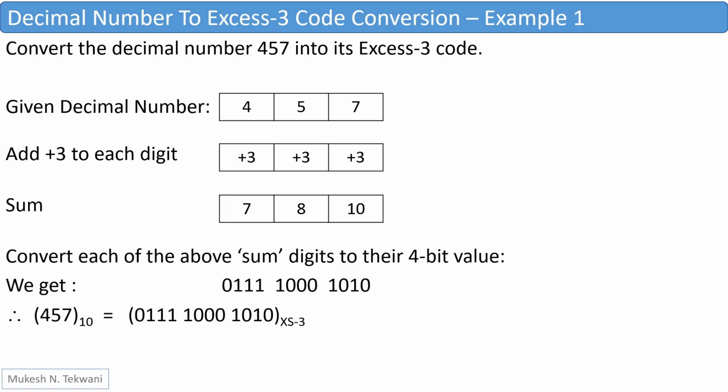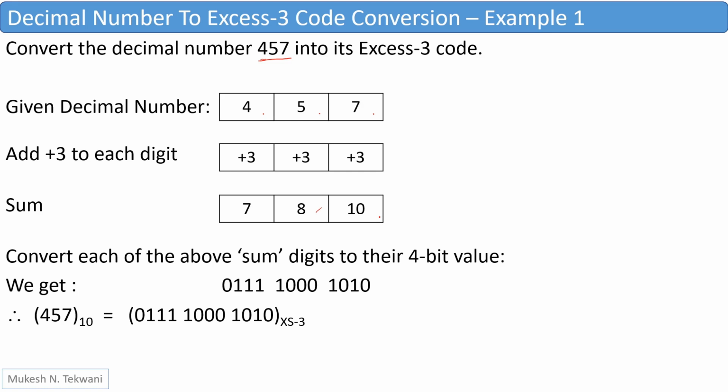In this first example, we'll see how to convert the decimal number 457 into its Excess-3 code. So we start with the given decimal number. The digits of this number are 4, 5, 7. We add 3 to each of the digits. So 4 plus 3 gives us the sum 7, 5 plus 3 gives us the sum 8, and 7 plus 3 gives us the sum 10.